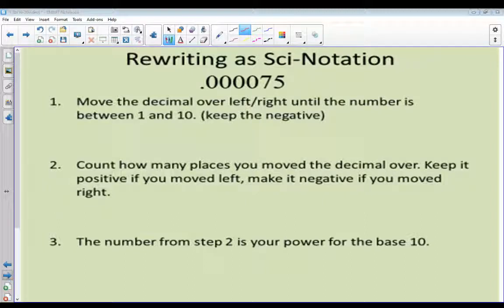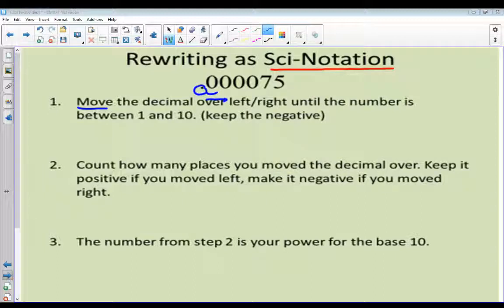So let's say, for example, I have 0.000075, and I need to rewrite it in scientific notation. The first step that is stated here says move the decimal over left or right until the number is between 1 and 10. So it looks like I'm going to have to move the decimal over to the right until the number is between 1 and 10.